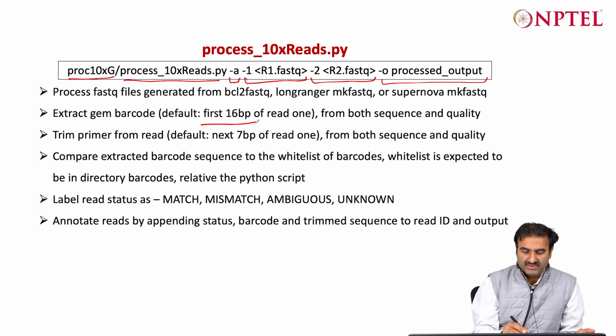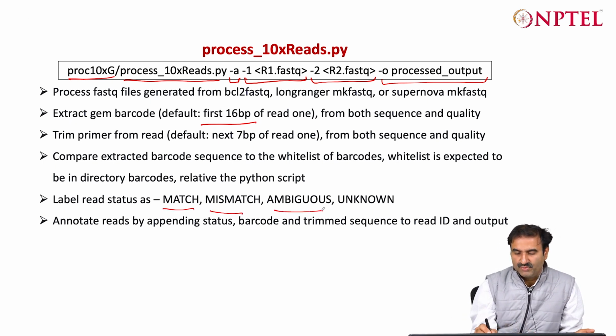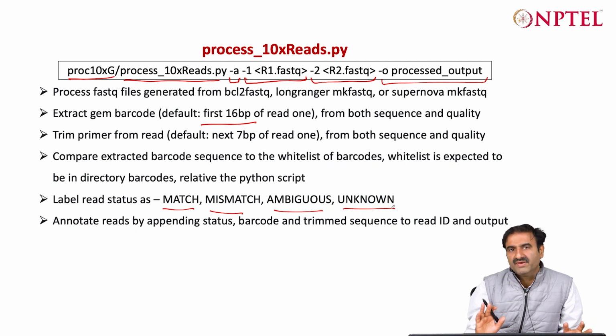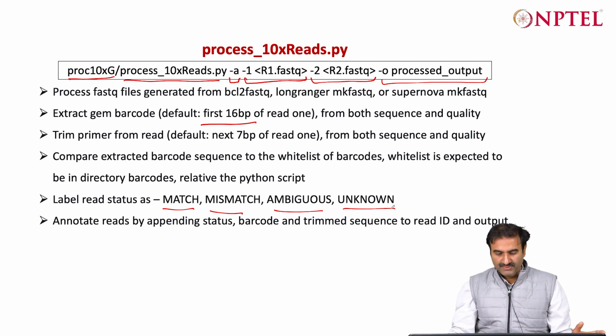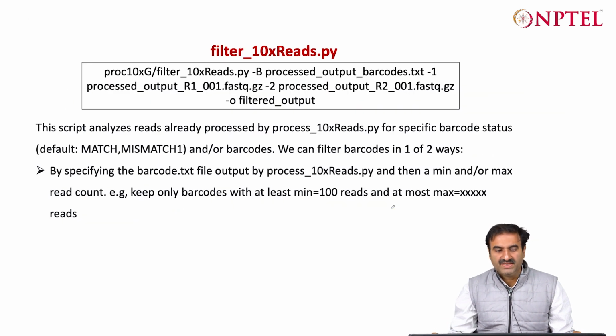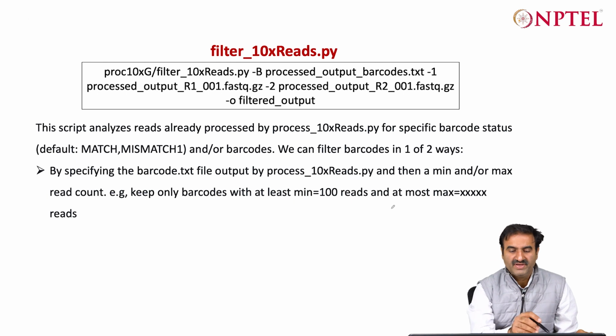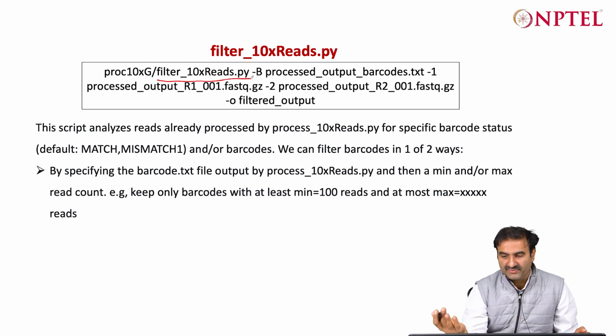So it will match the barcodes there: match, mismatch, ambiguous, which means the barcode is slightly matching but not exactly identical, and unknown, which means it thinks it's a barcode but is not sure. It will annotate this file for each read and put that in the output, and then the tool that processes this, filter 10x.py, will actually do the processing.